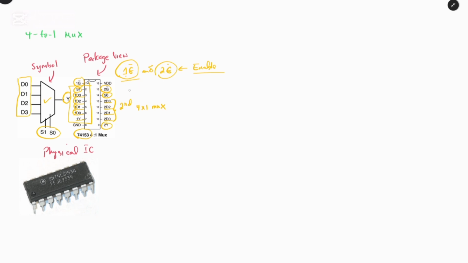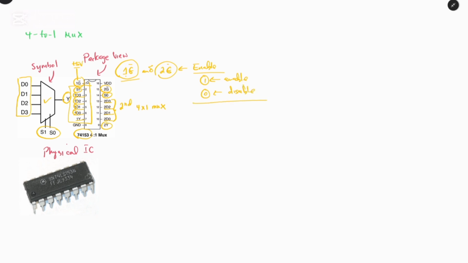So by enable, we are to select 1 or 0. If we select 1, where we apply a logic 1 to this first 4 to 1 multiplexer, then we enable the operation of this first 4 to 1 multiplexer. And if we apply 0, it means it is disabled.